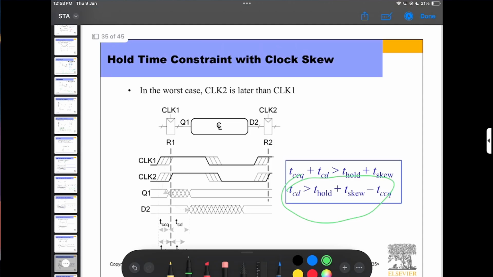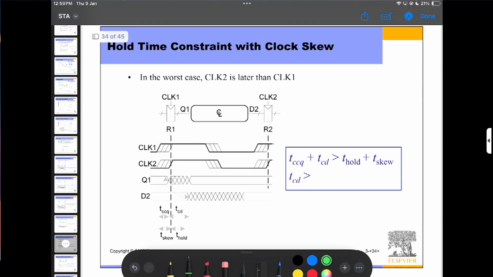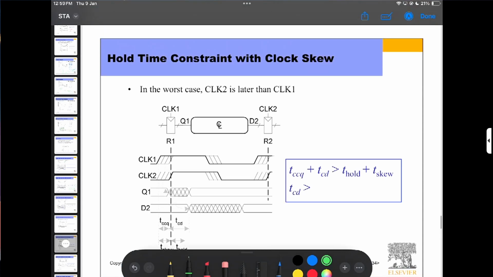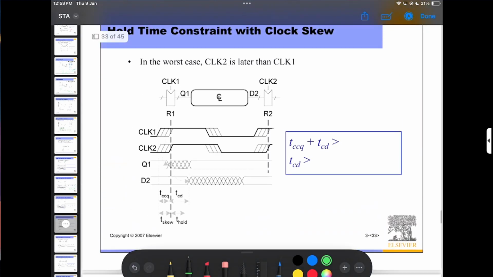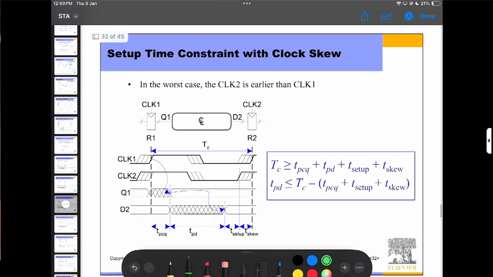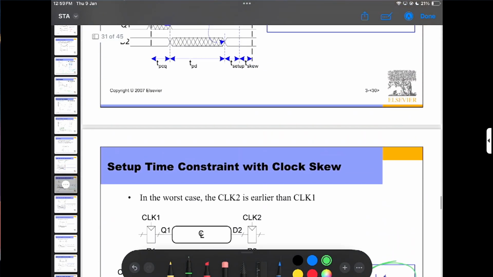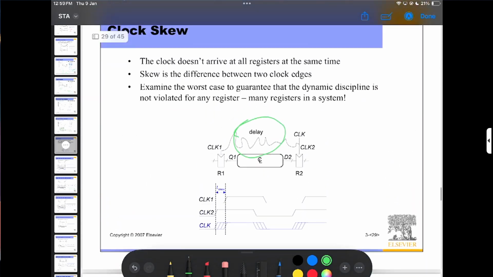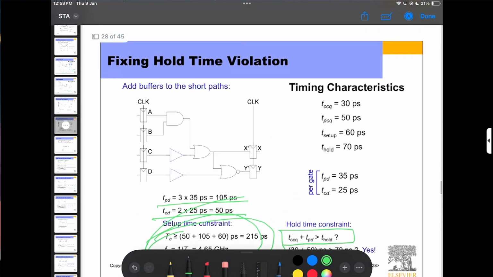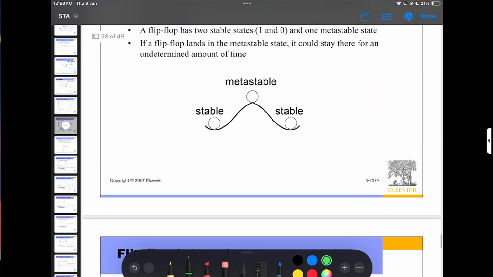Basically in the worst case clock 2 is later than clock 1, but in the case clock 2 is later than clock 1, here I think... okay, leave those conditions right now.